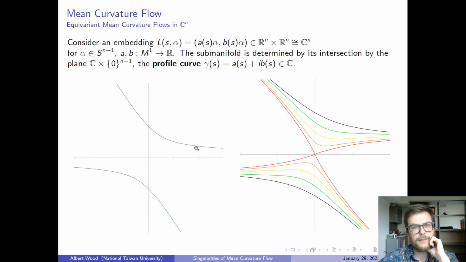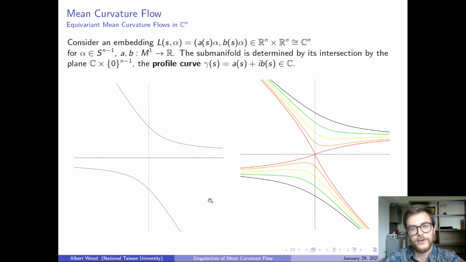The reason that studying motion of submanifolds of this kind is nice, just as in the sphere case, is that the symmetry is preserved under the flow. So the study of the motion of these equivariant submanifolds in C^n under mean curvature flow can be reduced to the study of a flow of the profile curve, gamma equals A plus iB.